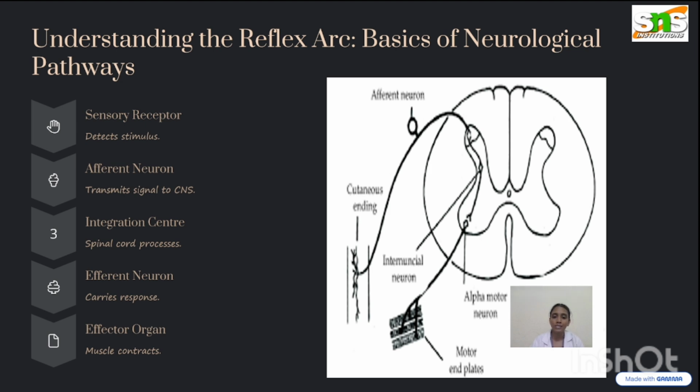The motor system, which is an effector organ, receives the signal through the efferent neuron, and then muscle contraction occurs. This is the basis of the neurological pathway of the reflex arc. Through this only, the reflex is produced in our human body.